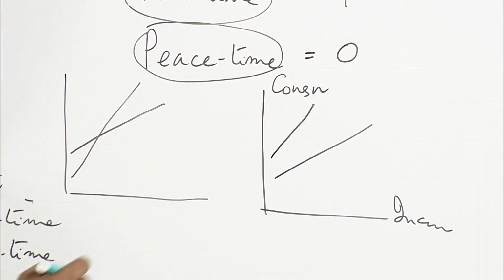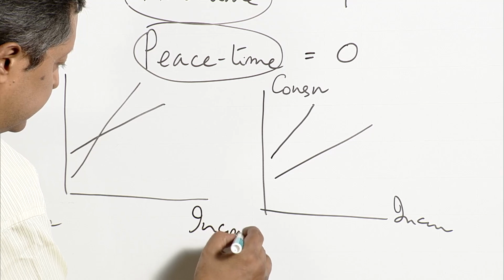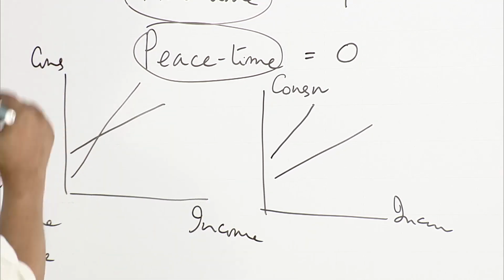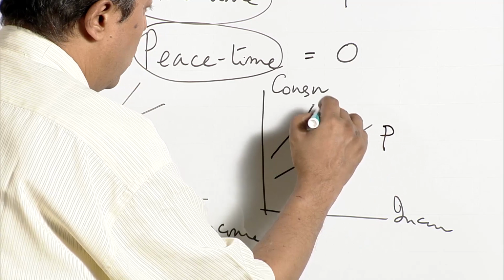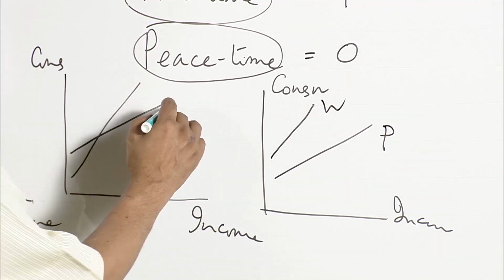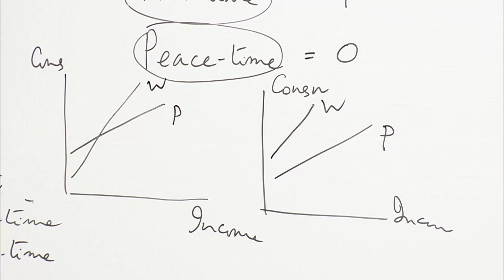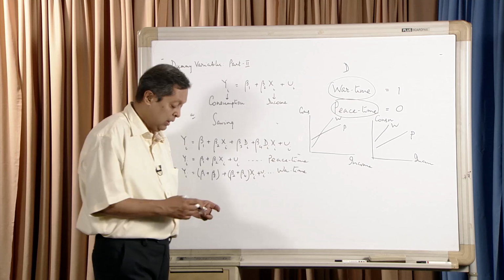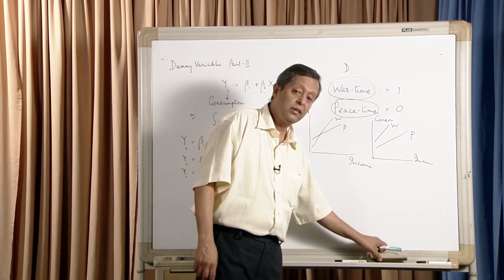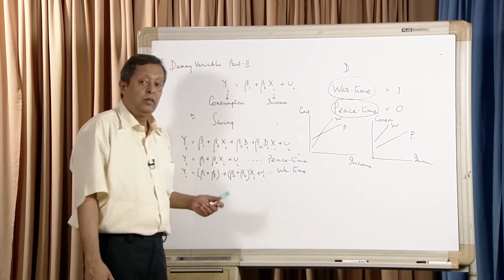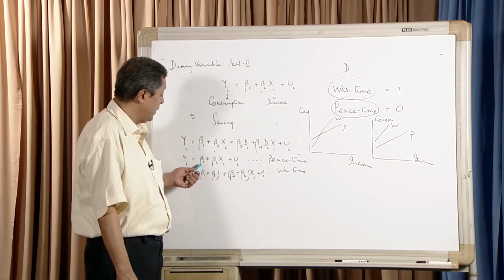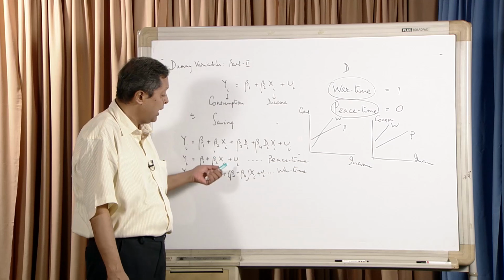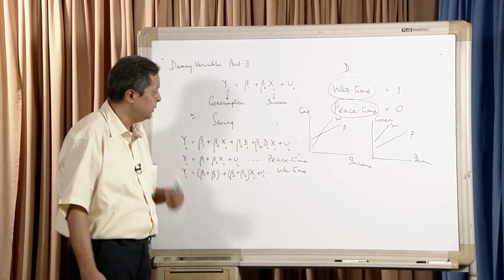So, there can be different possibilities. This is income and that is consumption. So, this is one simple example where a dummy variable can show a change in both the intercept and the slope. Now, this is a very interesting model because it helps us to test whether there is a difference in the intercept as well as a difference in the slope.